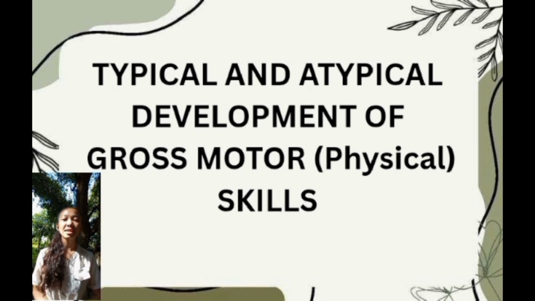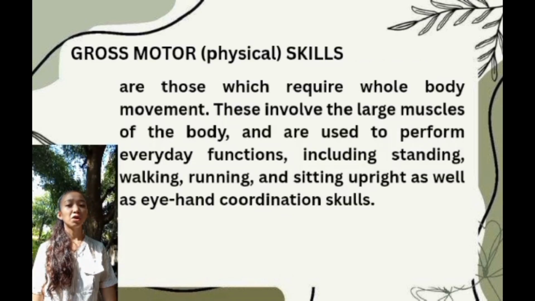Typical development is something that is common, expected, or normal within a particular group or situation in the developmental process, while atypical development is something that is unusual, unexpected, delayed, or different from the normal development of a child.